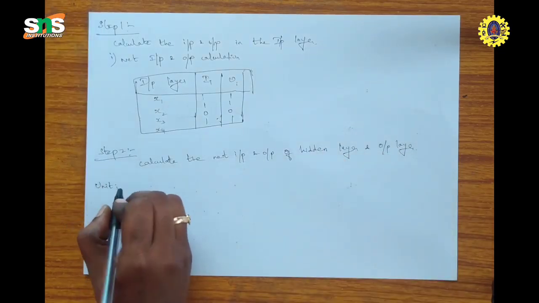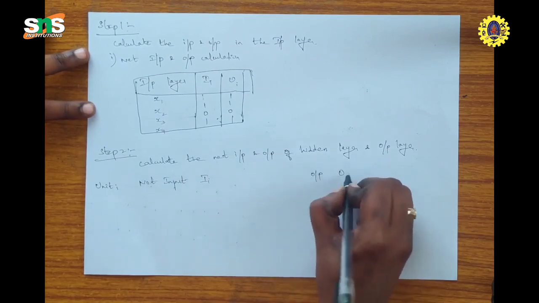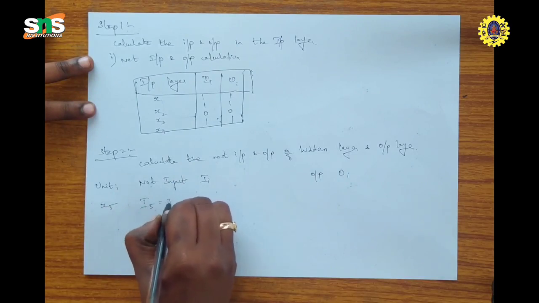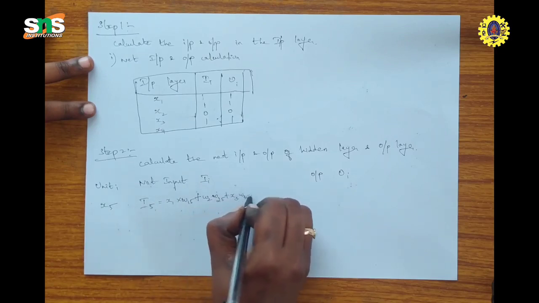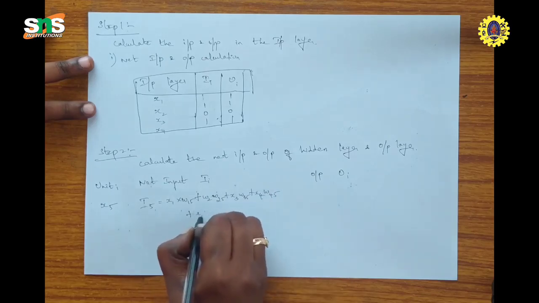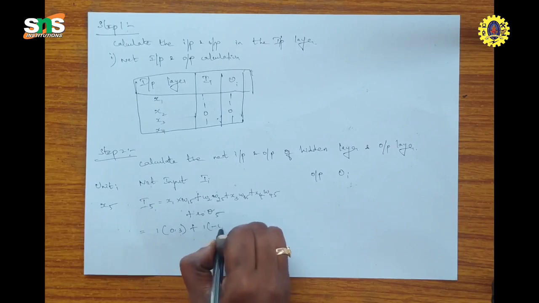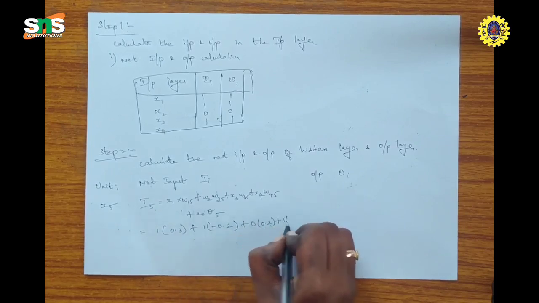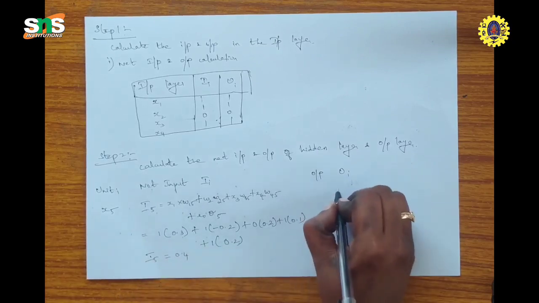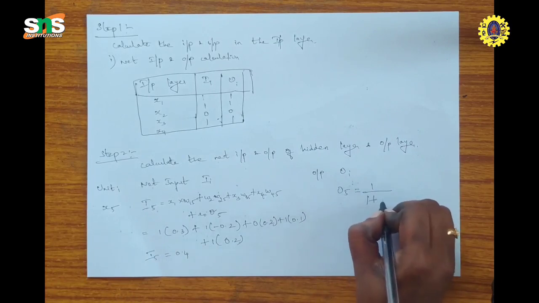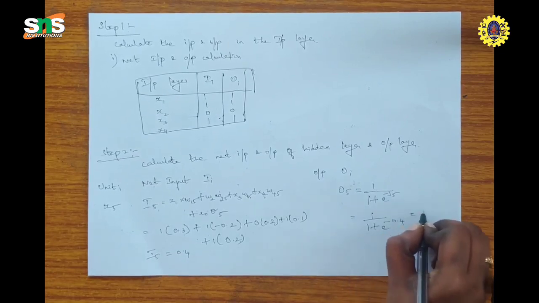Considering unit I, we have a net input of input I and an output of Y. For x5, I5 is equal to x1 into W15 plus x2 into W25 plus x3 into W35 plus x4 into W45 plus theta 5, which means 1 into 0.3 plus 1 into minus 0.2 plus 0 into 0.2 plus 1 into 0.1 plus 1 into 0.2, where I5 is calculated as 0.5, and the net output O5 is 1 over 1 plus e to the power of minus I5, where 1 over 1 plus e to the power of minus 0.4 is equal to 0.599.